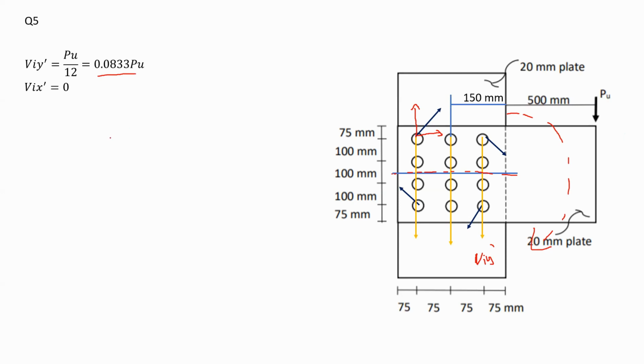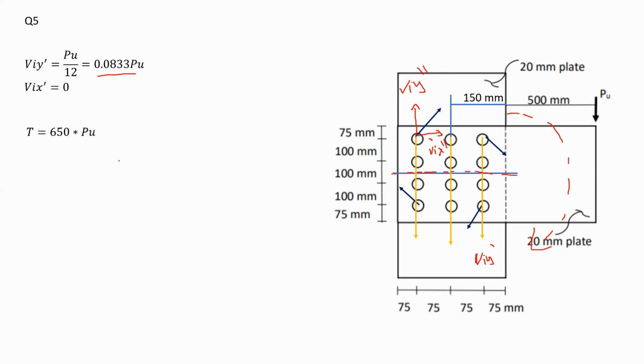If I check the other forces, VIx and VIy, that would be double dash, VIy double dash. Before getting into that, I have to consider the torsional force. So how would you calculate it?